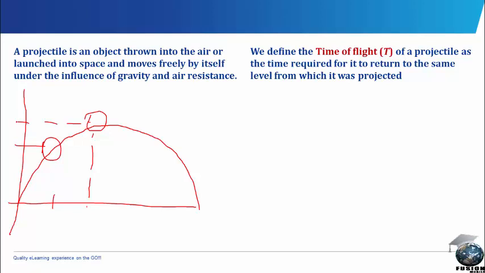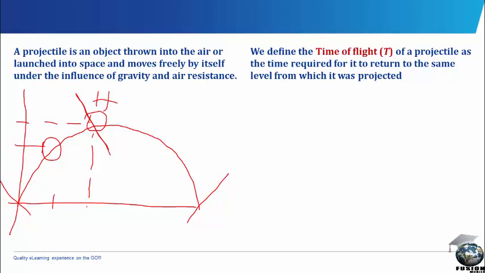Time of ascent is the time taken to move from here, which is the point of origin, to here, which is the maximum height, or the time taken to move from the maximum height, h, to this point, which is the point of landing.